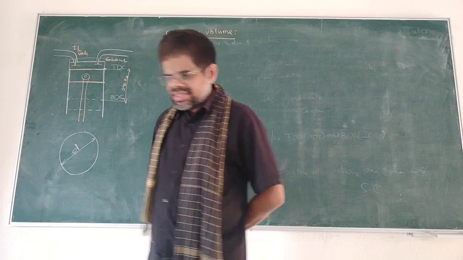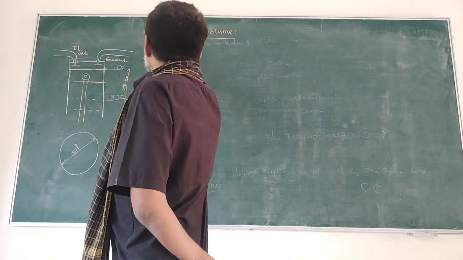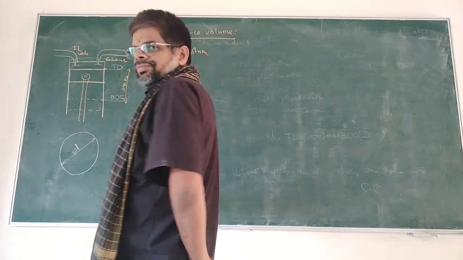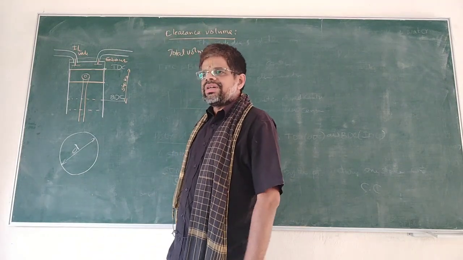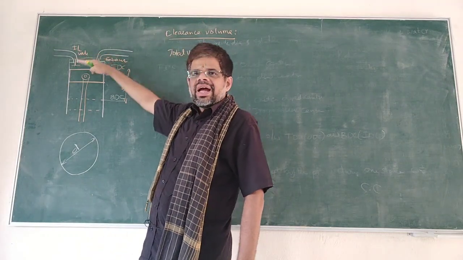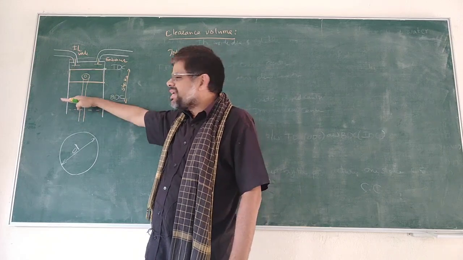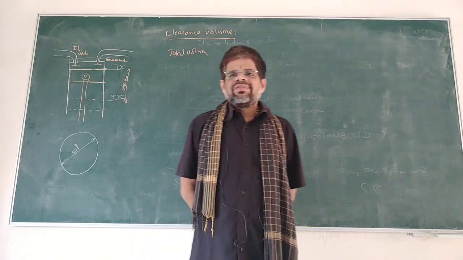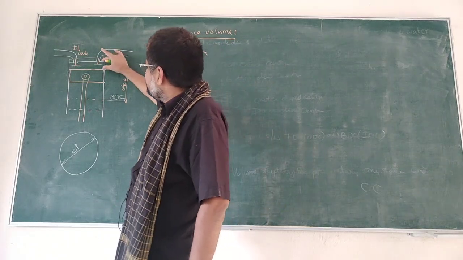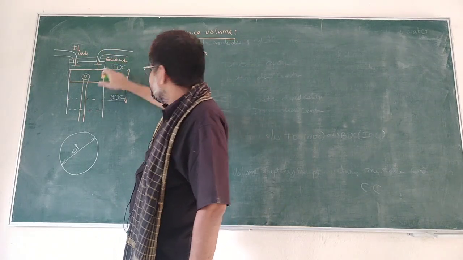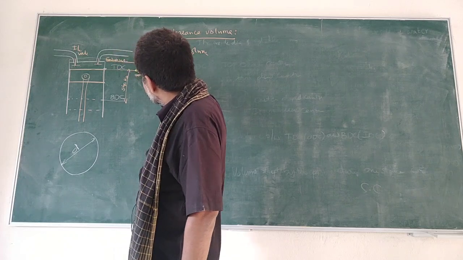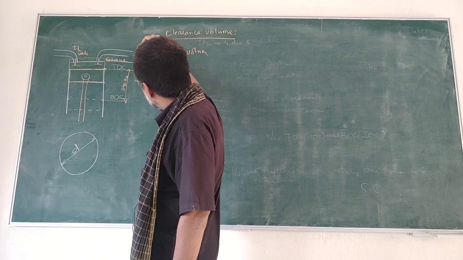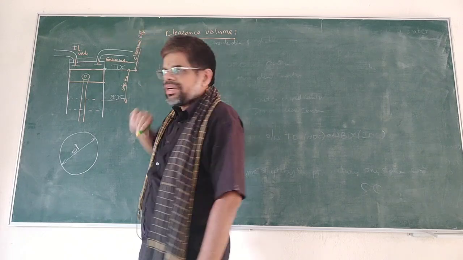And the next term is total volume. Total volume is the volume between the cylinder head and the piston when the piston is at BDC. When the piston is at BDC, what does it mean? It is the sum of this clearance volume and this volume. See, this is called clearance volume. Now what is total volume?